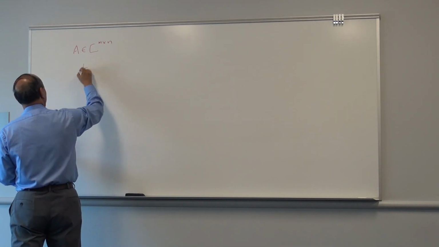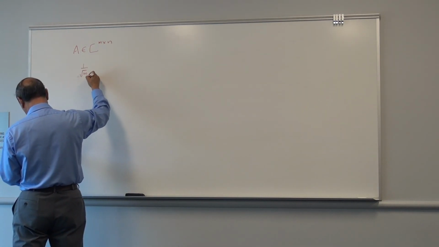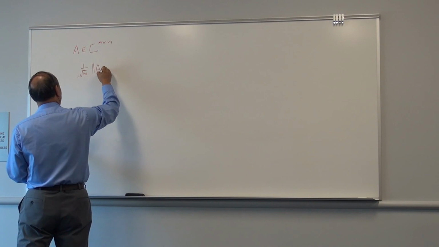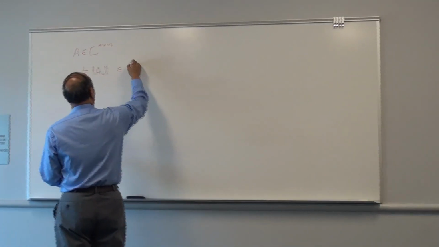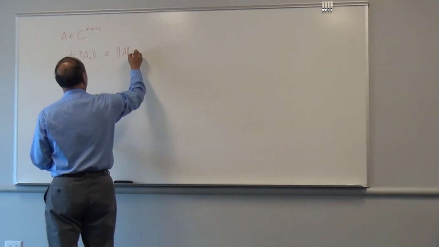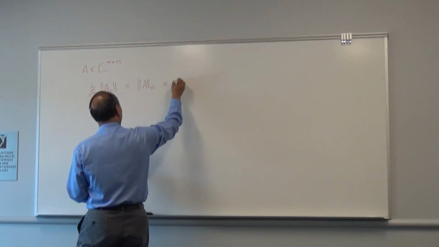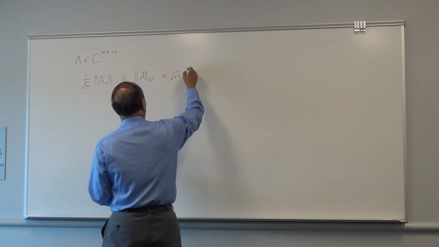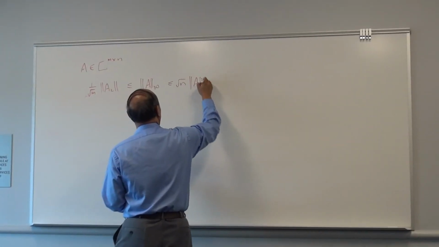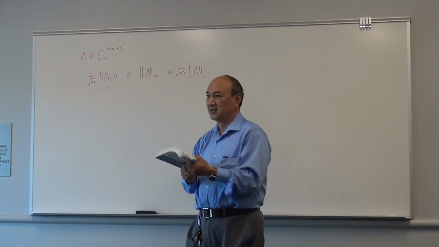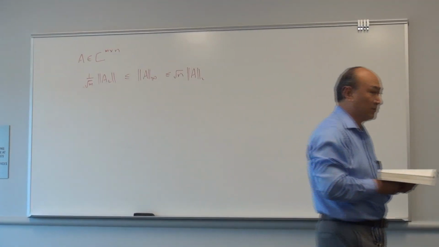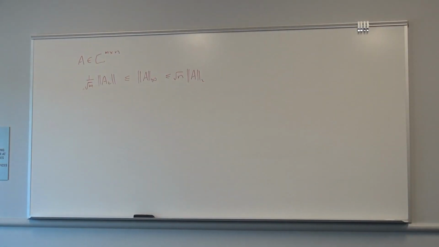I want to show that (1/√m) times the 2-norm of A is less than or equal to the infinity norm of A, which is less than or equal to √n times the 2-norm of A. This type of thing looks very tricky from the beginning, so you don't even know where to start.